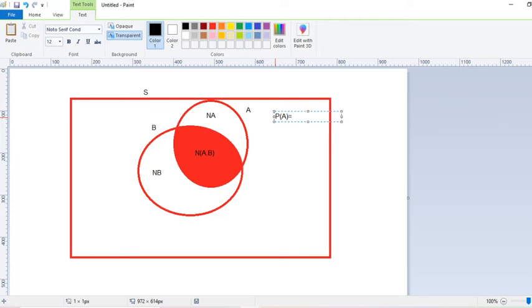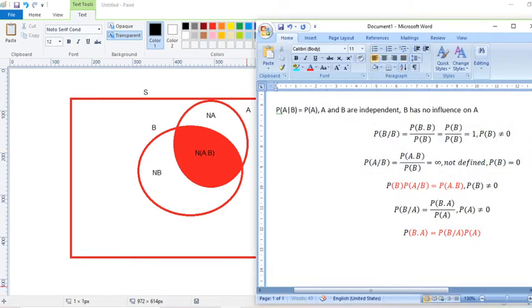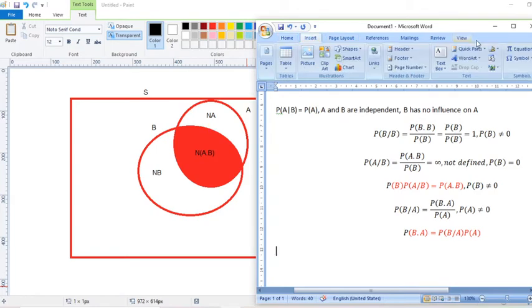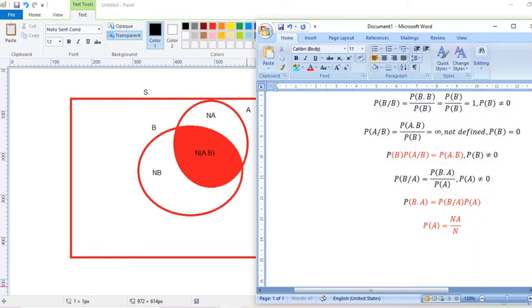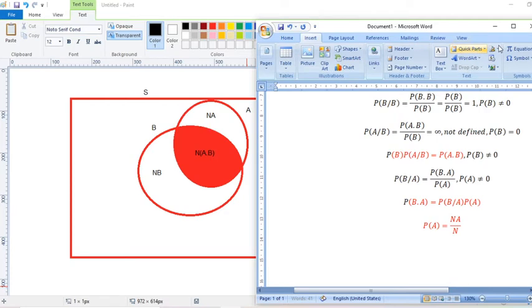So that will be Na by N. Similarly, what will be the probability of B?